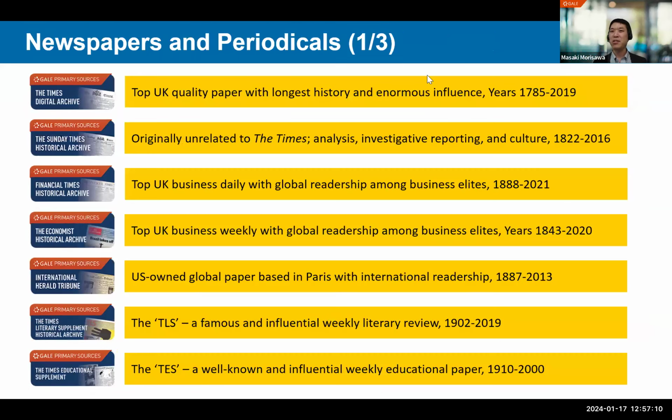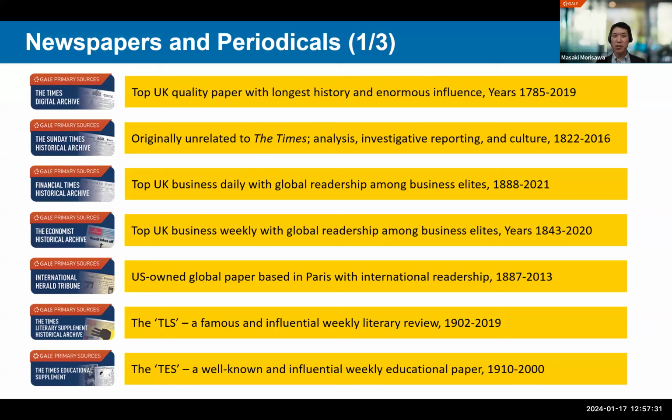So starting with newspapers and periodicals, this is the first of 3 slides for that. And I already explained the Times, which needs no additional explanation. We also have the Sunday Times, which published only on Sundays. This was more about investigative reporting and culture.